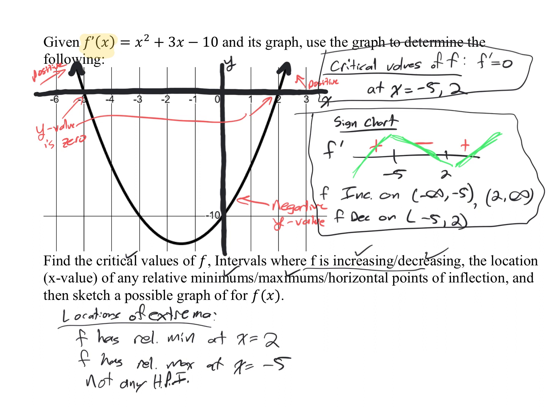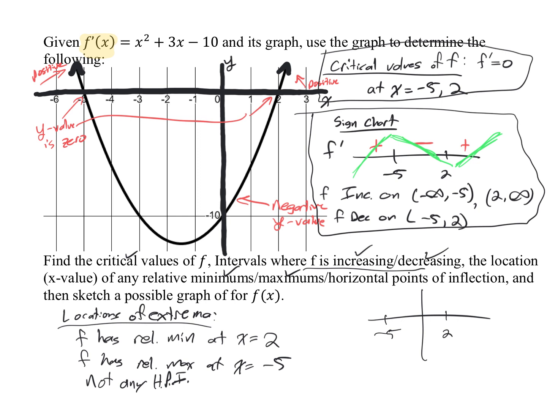Let's sketch a possible graph for the function. All right, so we don't have any actual points to go through. All we have are x values. So at -5 and at 2, we have these. And so we just need to draw a generic graph that increases up until some point when the x value is -5, then it has to decrease, then it has to increase.